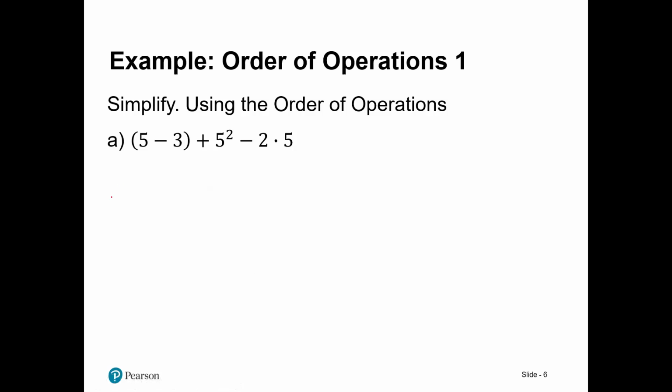So for some examples here, if I have 5 minus 3 plus 5 squared minus 2 times 5, by order of operations, the first thing I need to do is a grouping. So we have these parentheses. First thing I need to do, this is 5 minus 3, which is going to leave me with a 2. At this point, once I get down to just one number, I can drop those parentheses.